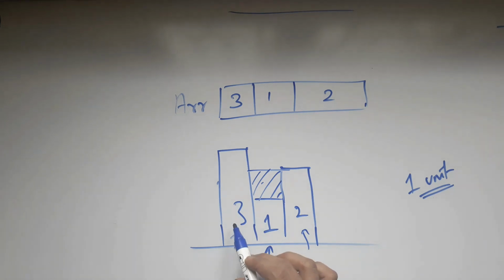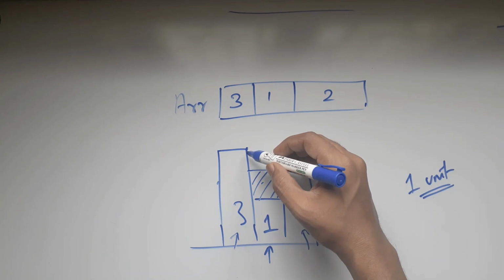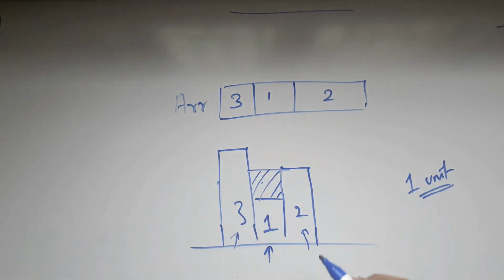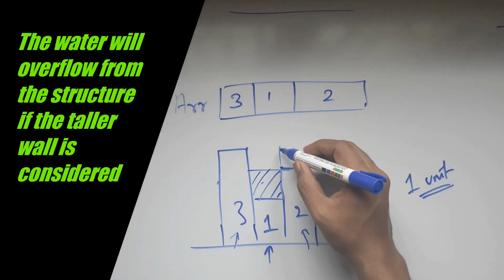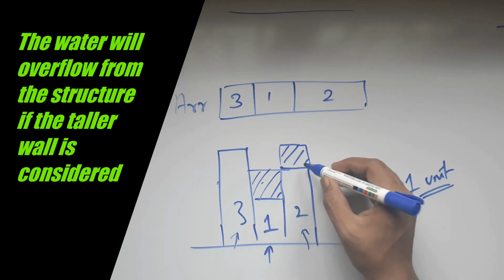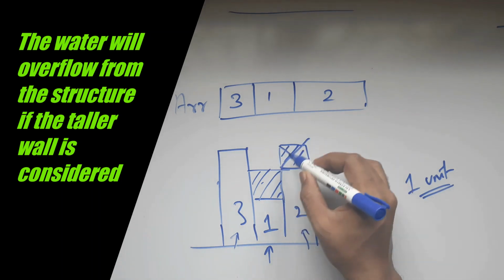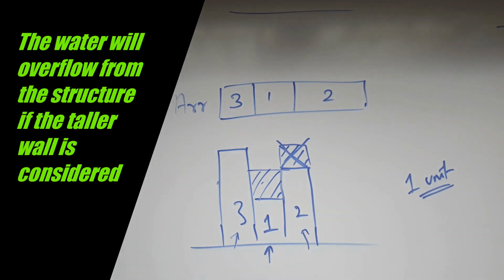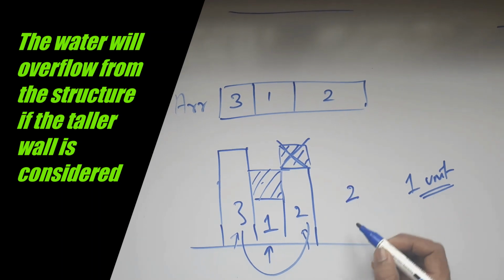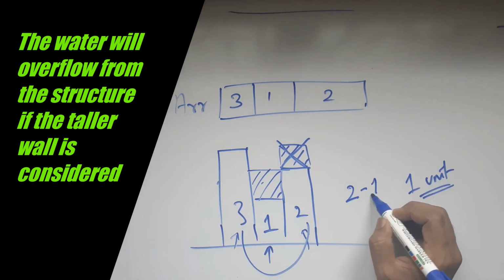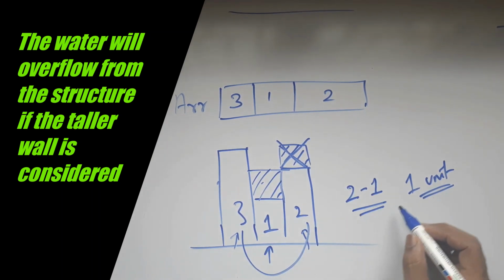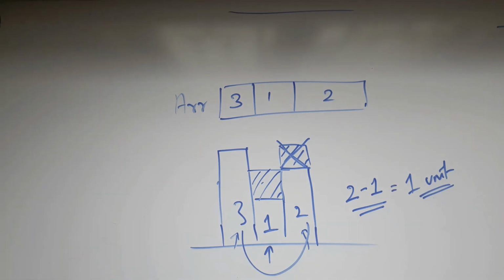If we take the taller wall, then we cannot store any resources here, because the right wall will not support such a case. So this has to be eliminated. In order to do that, you have to find the minimum between these two. In this case, 2 is the minimum, and from that you subtract your present wall height, which is 2 minus 1, which gave you 1 unit.